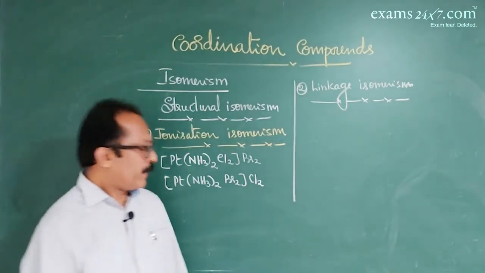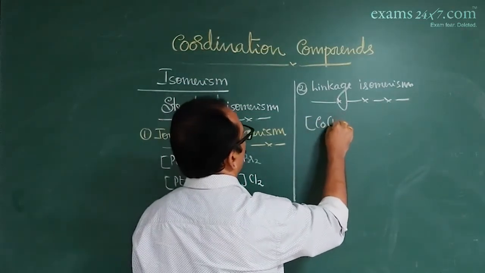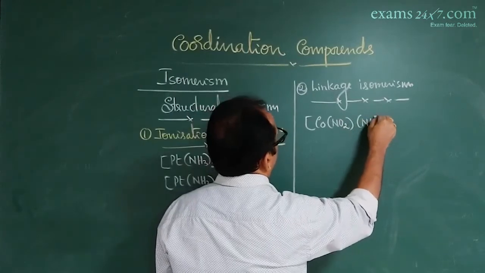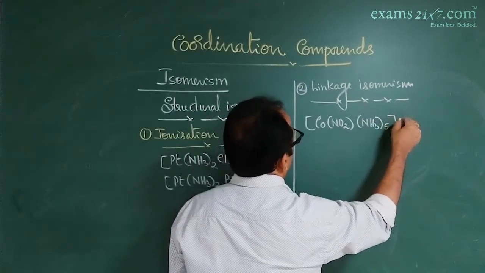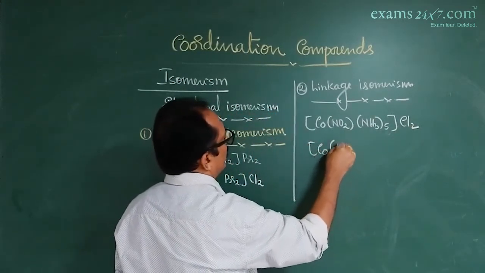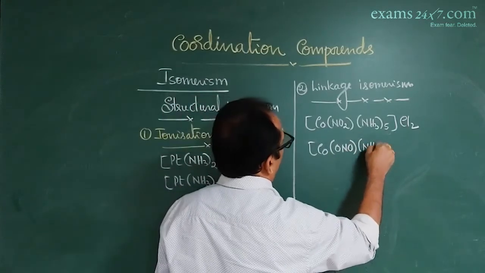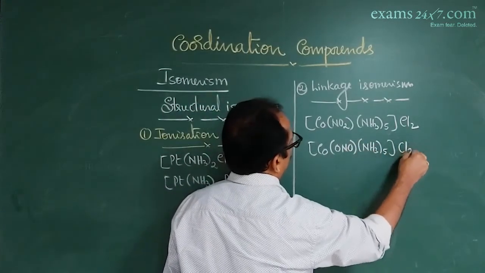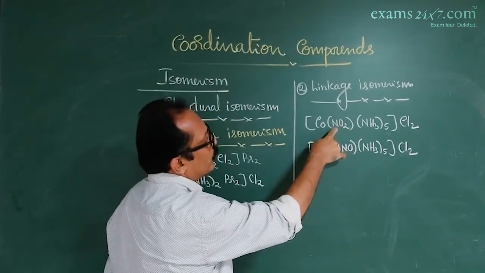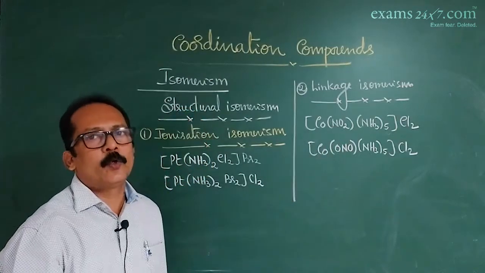For example, the cobalt complex [Co(NO2)(NH3)5]Cl2 and another complex, [Co(ONO)(NH3)5]Cl2. Here, in the nitro group, NO2, nitrogen is the donor atom. In ONO, oxygen is the donor atom.